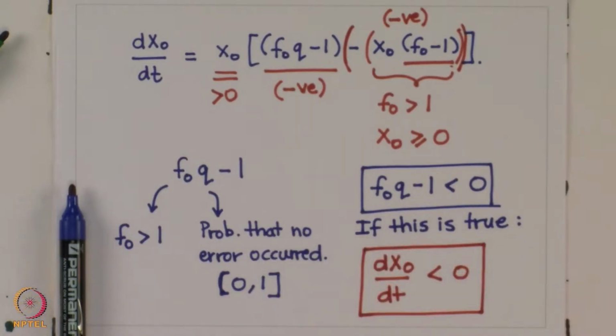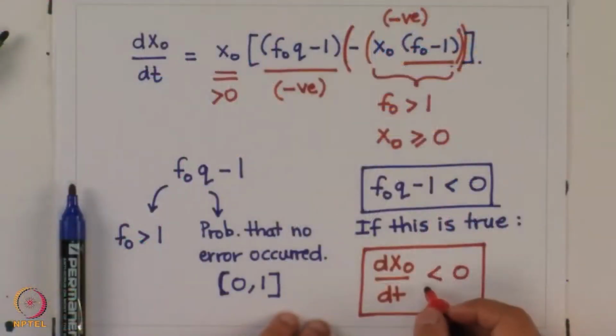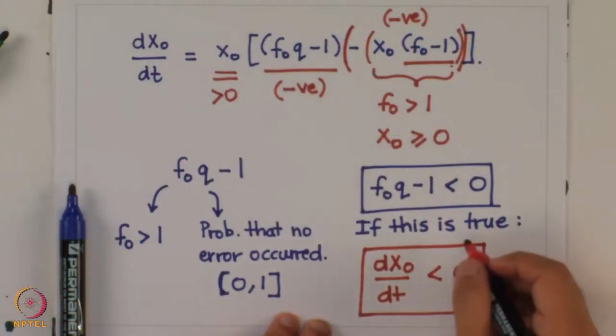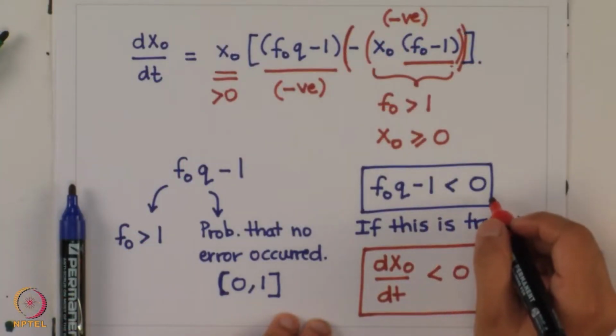And what does that mean in terms of the system moving in a particular direction? Recall from the discussion of our stability analysis of dynamical systems, if dx naught by dt is less than 0, then as time increases, the value of x naught decreases, and this dx naught by dt is less than 0 independent of the value of x naught.